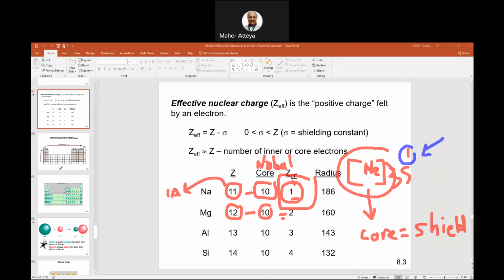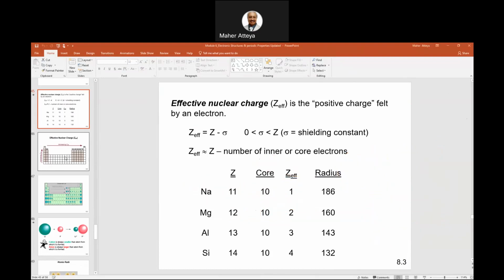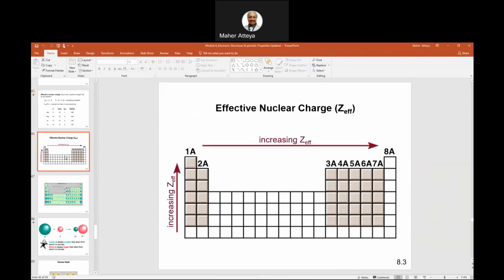So that's the reason we call it shield. Then effective nuclear charge, this is the way it is.